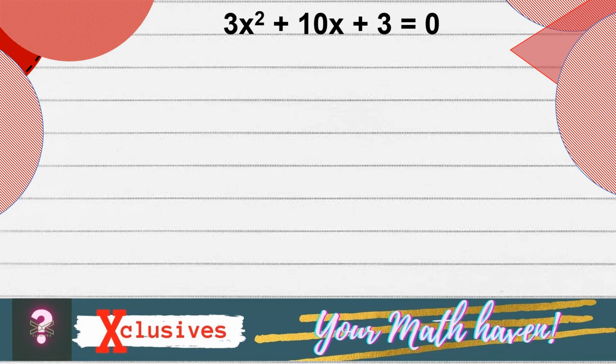Now, for our third example, we are given 3x squared plus 10x plus 3 is equal to 0. Let us identify the values of a, b, and c. Our a is 3, our b is 10, and our c is positive 3.